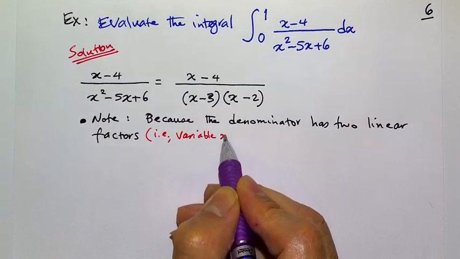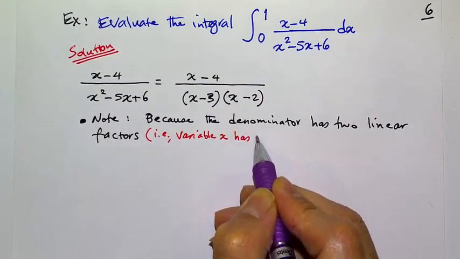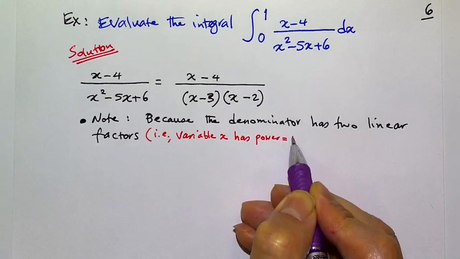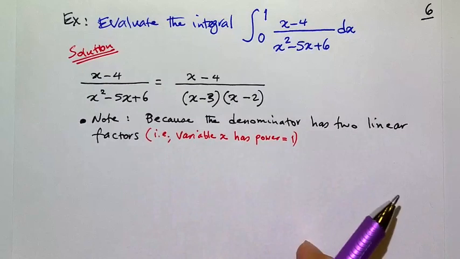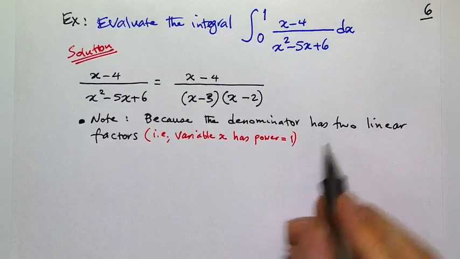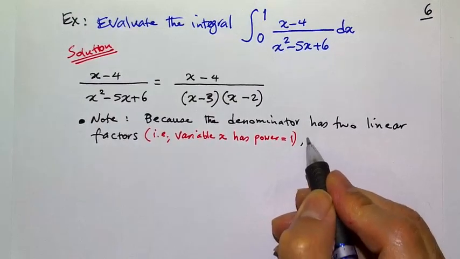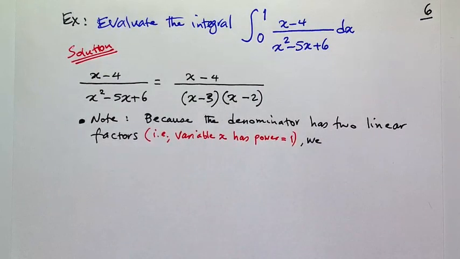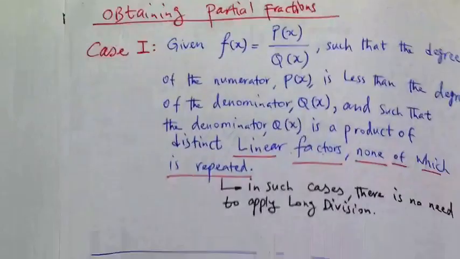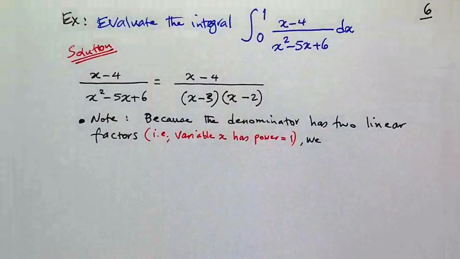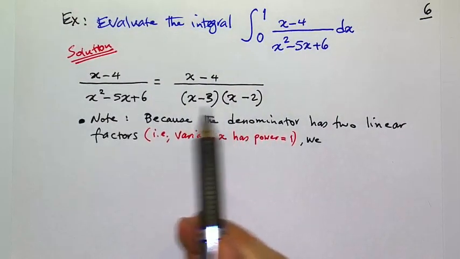That's a linear factor, right? Then, and notice none of these are repeated, right? Like what this is saying, it's linear factors, none of which is repeated. So none of these are repeated.